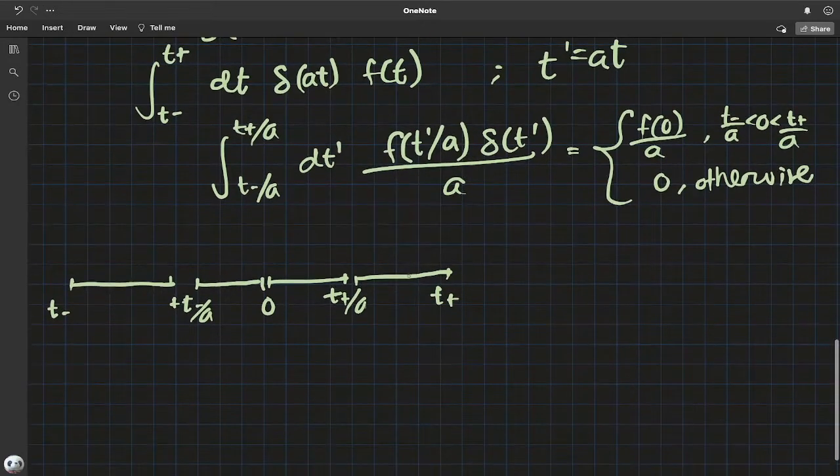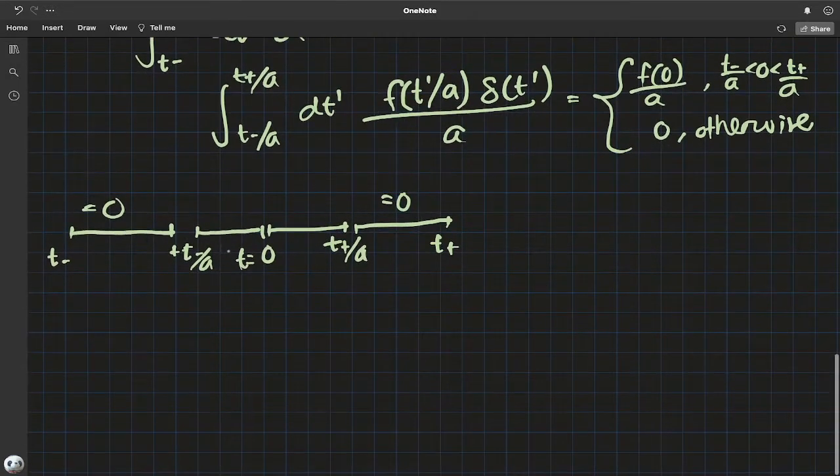As long as the 0 of the delta is at t equals 0, the integral of the delta times some function from t plus over a to t plus is always going to be 0. Same thing on this patch, because this range does not contain t equals 0, which is the 0 of the delta, and the definition of the delta gives us 0.